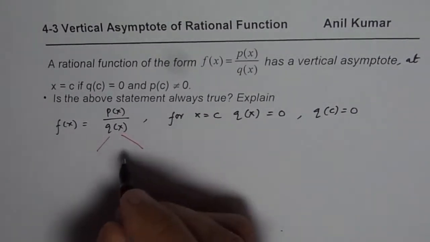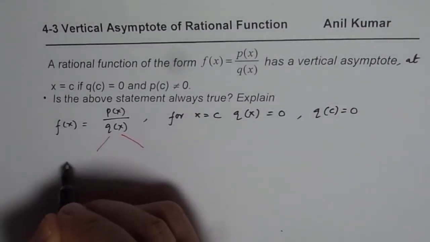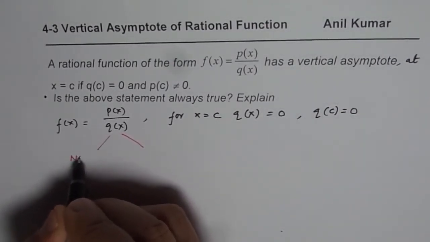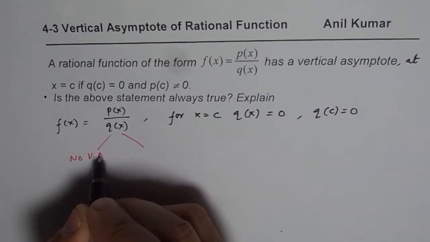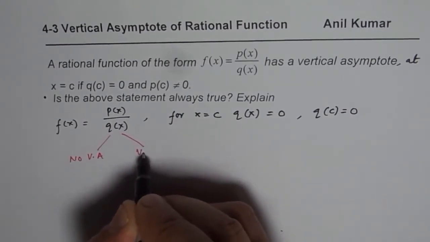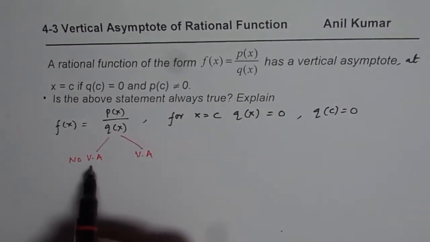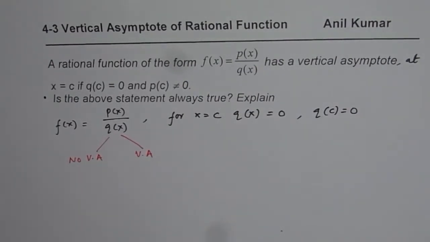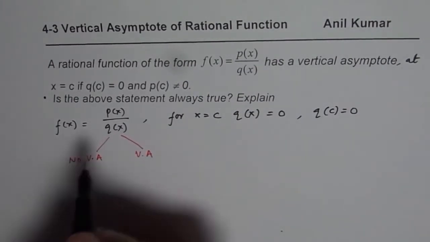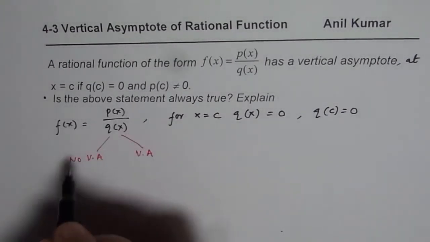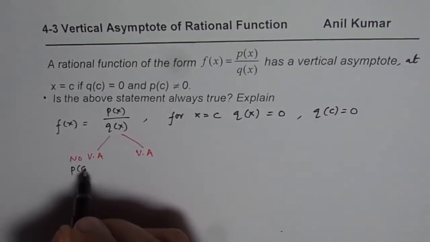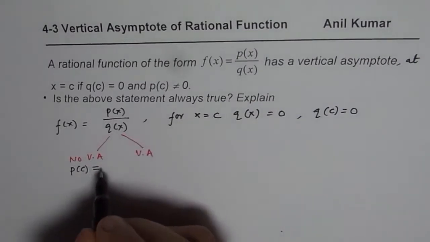So there are two scenarios here. One is no vertical asymptote, and the other scenario is we can have a vertical asymptote. Now, when will you not have a vertical asymptote? You will not have a vertical asymptote if the numerator is also equal to 0.